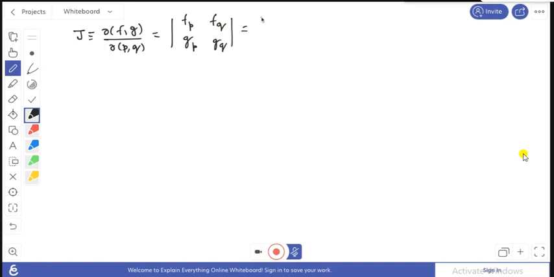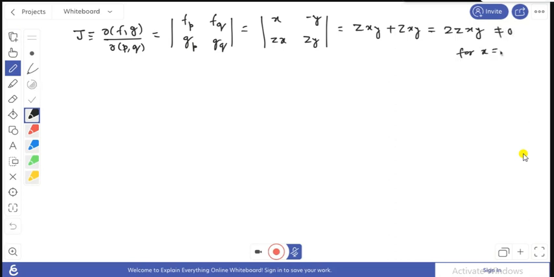If we put in these values, we get x, minus y, and zx and zy. So solving, this is zxy plus zxy, that is 2zxy, and this is basically non-zero for x not equal to 0, y not equal to 0, and z not equal to 0. Okay, so this is non-zero.